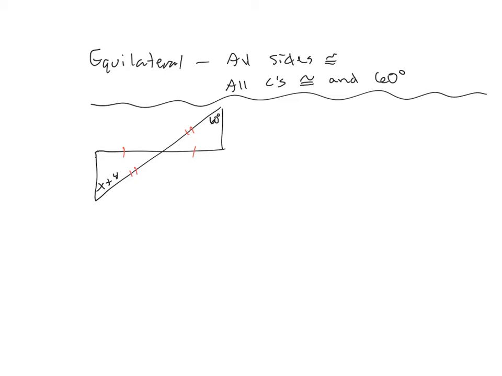Well, I can conclude that this angle in the middle and this angle in the middle are congruent by side angle side. And when the 2 triangles are congruent, then everything is congruent. All the angles are congruent and all the sides are congruent. So after I know that the triangles are congruent, then all their little parts are congruent also. So I can say that x plus 4 equals 60, and I can solve it. And so x equals 56.